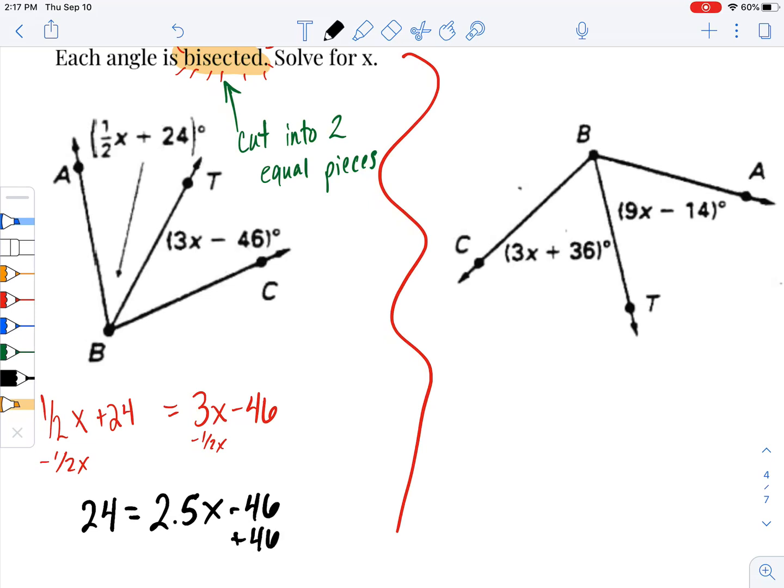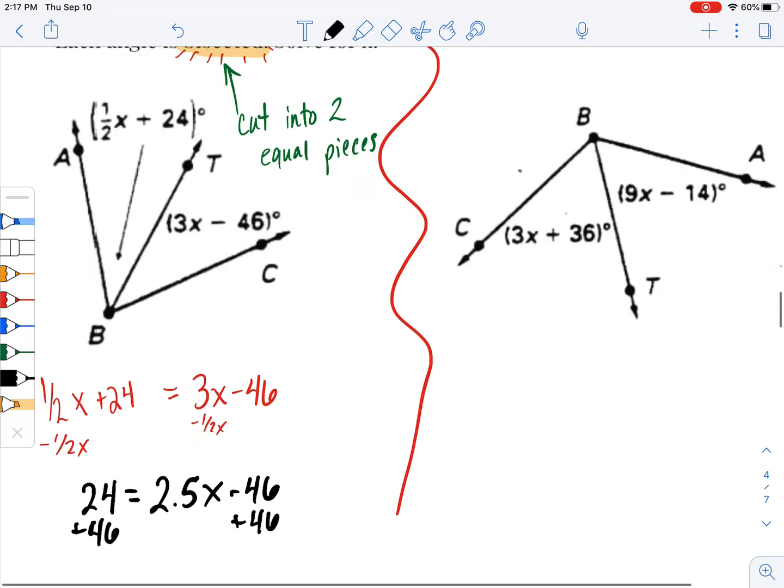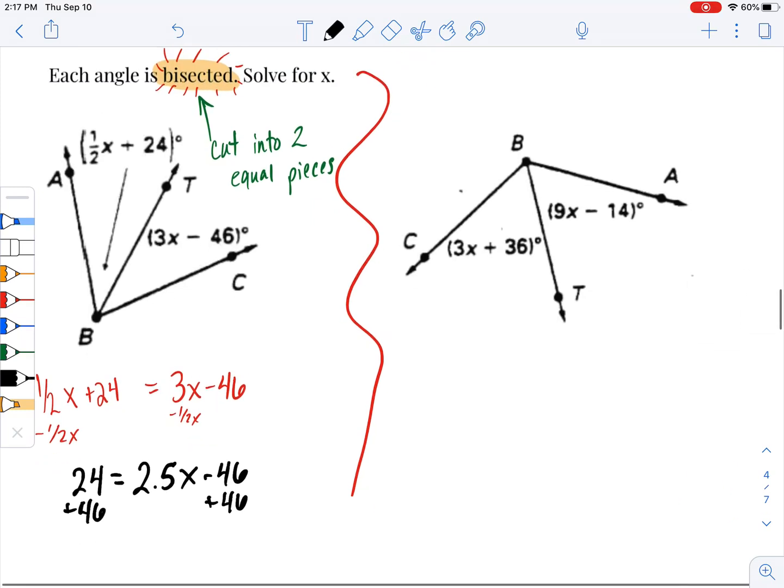And then I can add 46 to both sides. And 2.5x equals 70. And we can divide 70 by 2.5 to find our final answer.